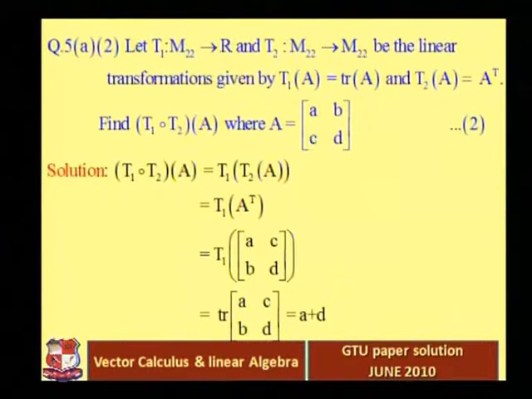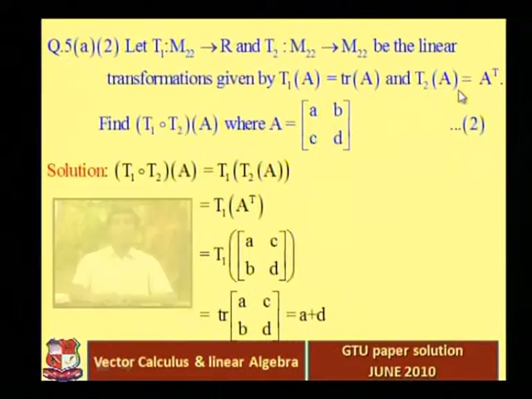T1 and T2 are both linear transformations given by T1 of A, where capital A is a matrix, equal to trace of A, and T2 of A is equal to A transpose.